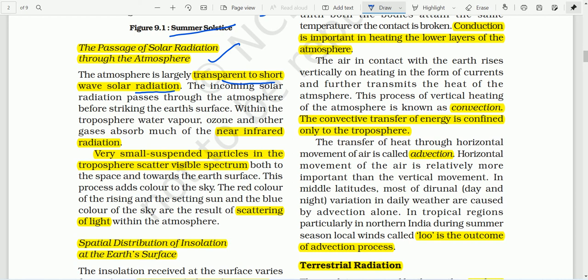The incoming solar radiation passes through the atmosphere before striking the earth's surface. Within the troposphere, water vapor, ozone and other gases absorb much of the near infrared radiation. This is what is called the greenhouse effect. In the previous chapter we have learned about it.